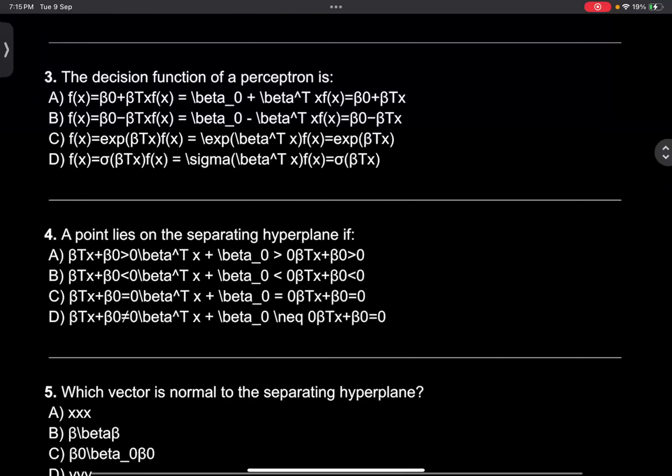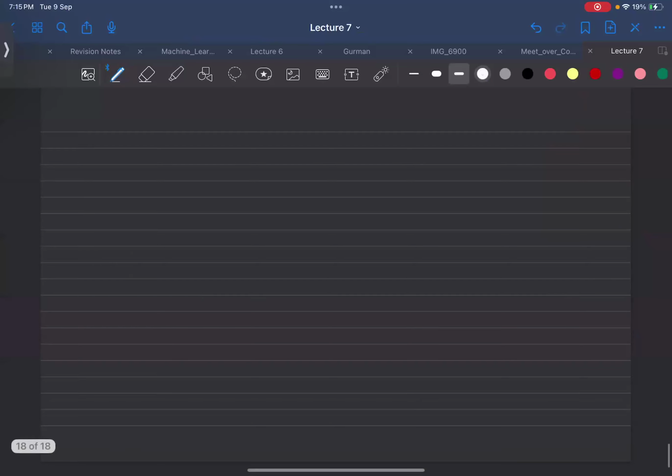Again, I'll write it here to be more clear. Question 4: a point lies on the separating hyperplane.